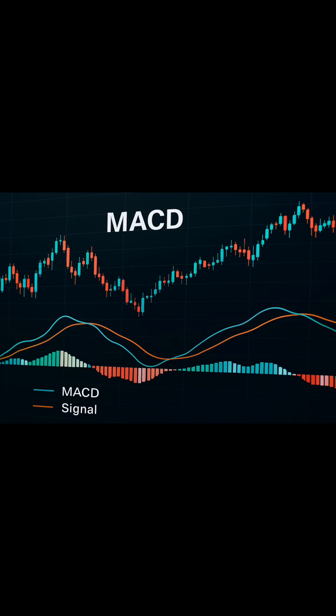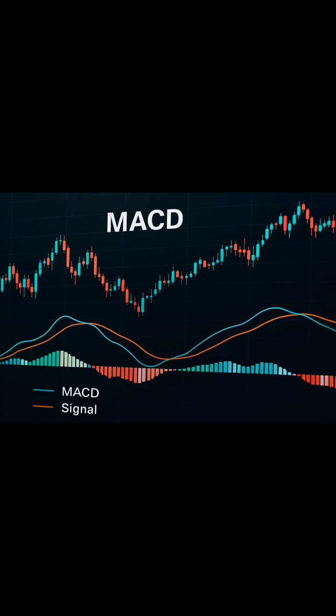2. Entry signals. Once the market trend is established, traders can look for MACD crossovers as potential entry points. A bullish crossover, where the MACD line crosses above the signal line, may indicate a buying opportunity, especially when it occurs above the zero line, suggesting strong upward momentum.